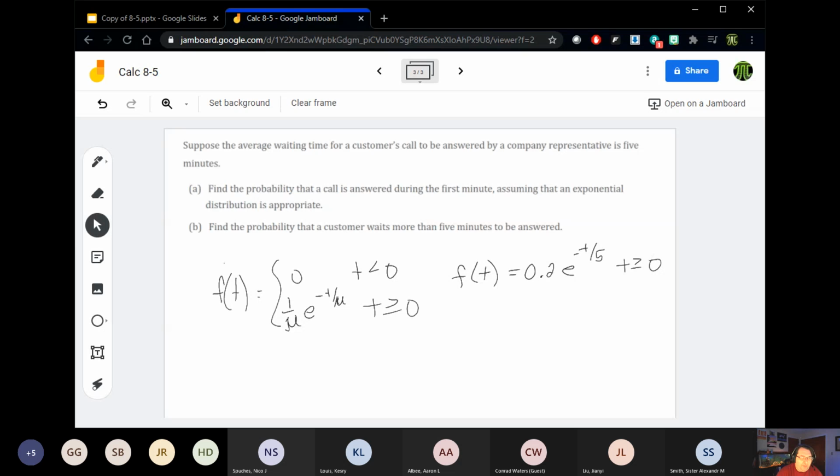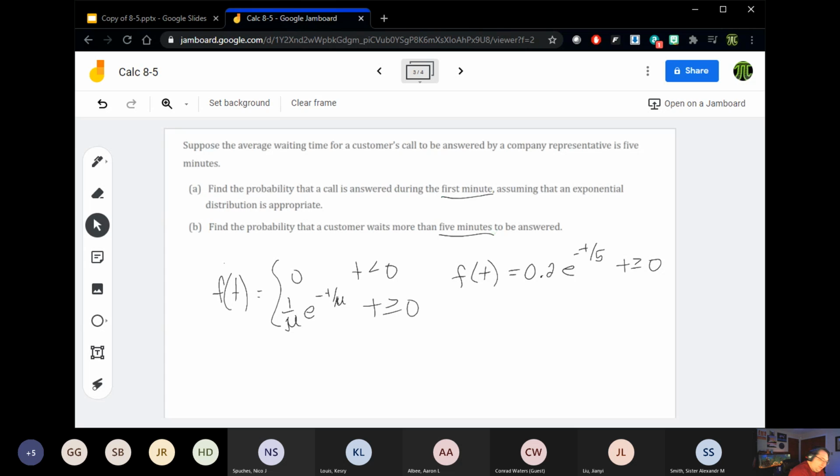Now that we have this as a probability distribution function, we know that it works, and we have the equation for this specific problem. We can now use it to determine the probability that things happen. In this problem, we've got two situations. They want to know the probability that the call is answered during the first minute, and that it waits more than 5 minutes.